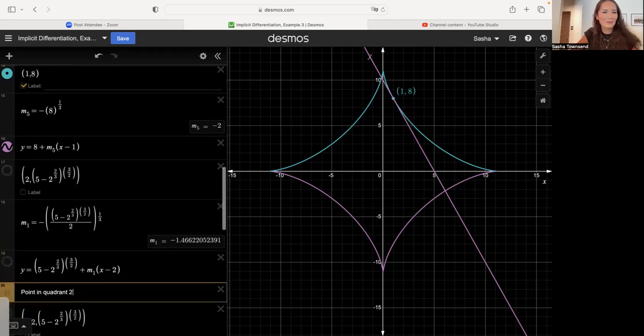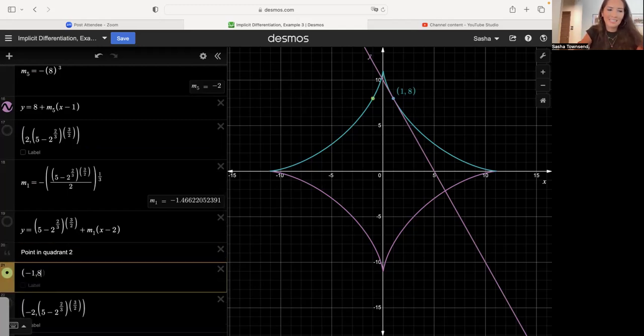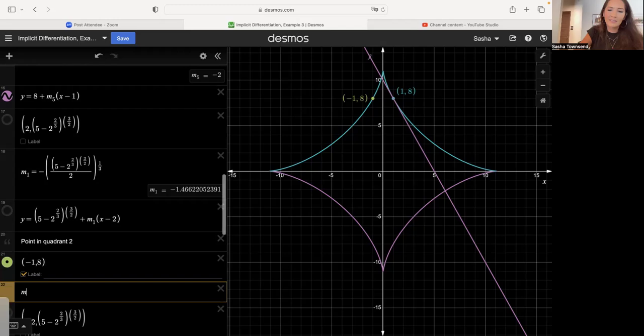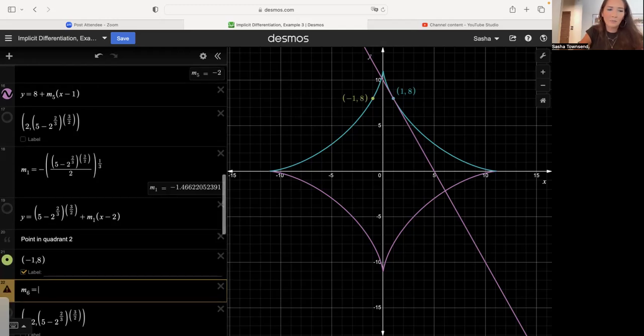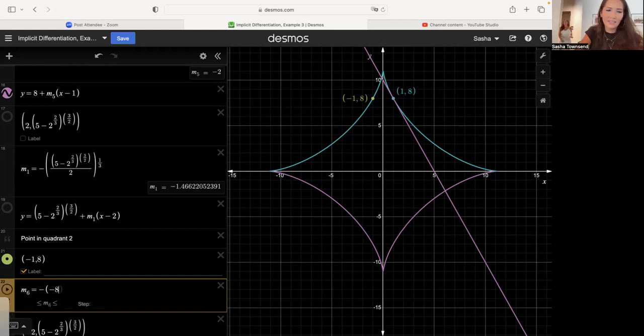And then because of symmetry, we could have in quadrant 2, x equals -1, y equals 8. So our slope, instead of being -2, it should be +2. Because the slope is -1 times 8 divided by -1, the y divided by the x, which gives us -8.